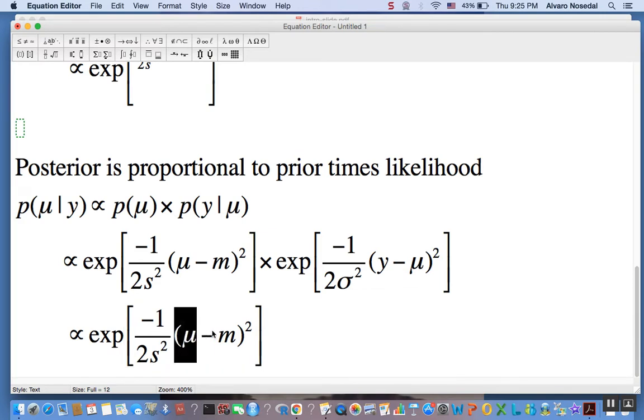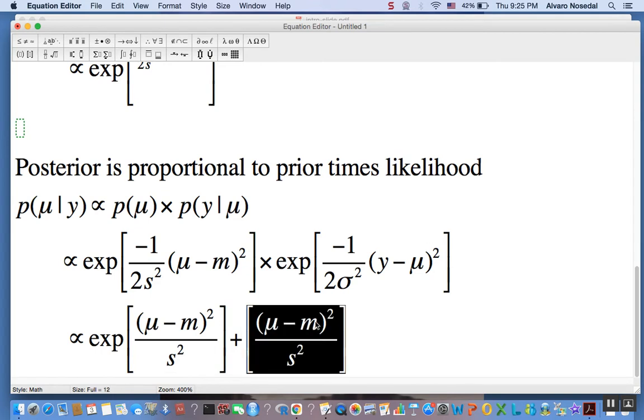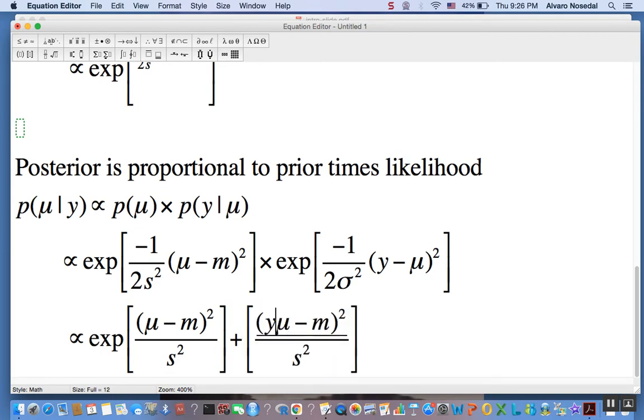Let me rewrite this as follows. We have mu minus m squared divided by s squared, plus y minus mu squared, and here we will have sigma squared.